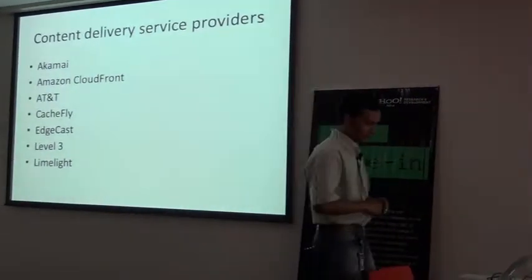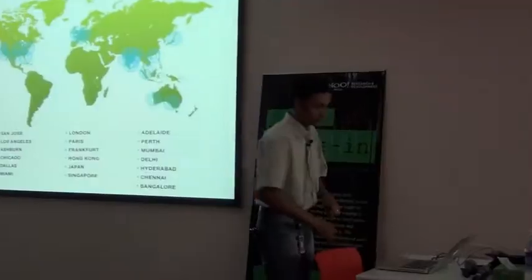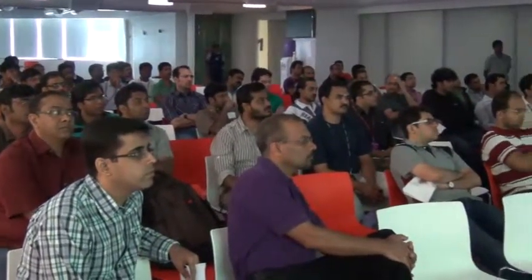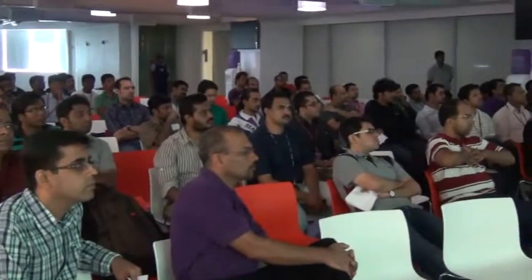You can think of the origin server residing somewhere in the US, but your users are in APAC or ASEAN, Southeast Asia. You don't have to travel all the way to the US to get that content. You get it locally from the servers near you.